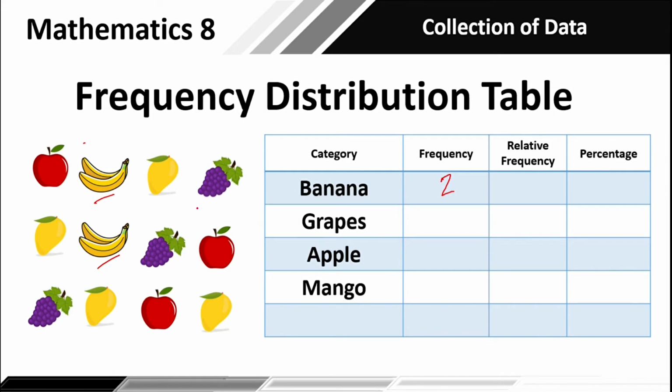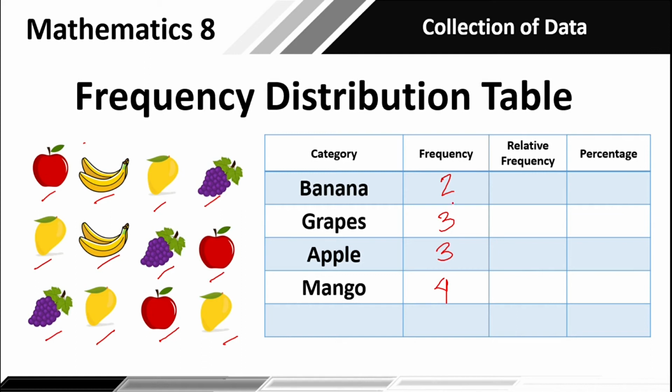For the grapes, we have 3 frequency or occurrences. For the apple, we have 3 occurrences. And lastly, for mangoes, we have 4.